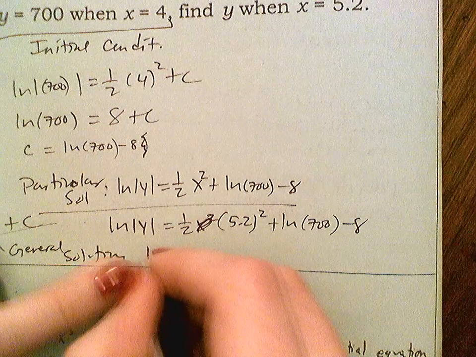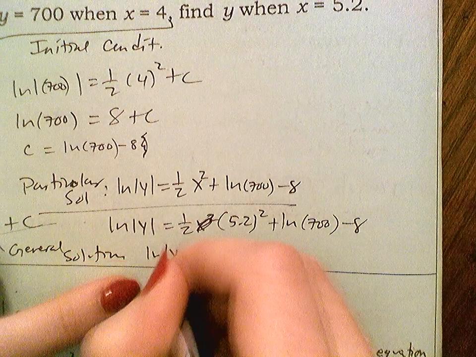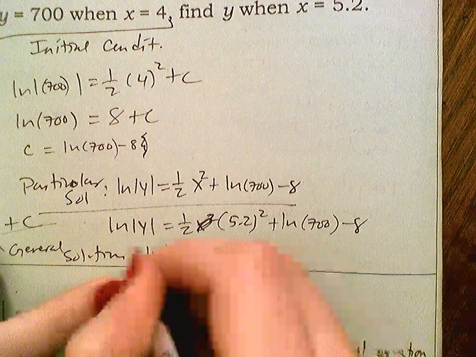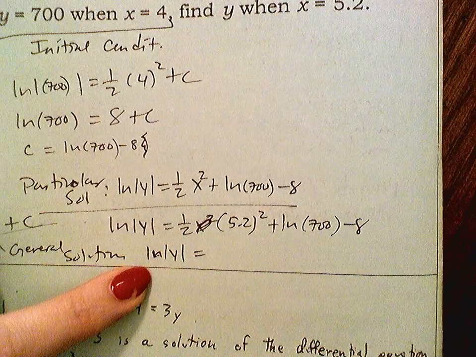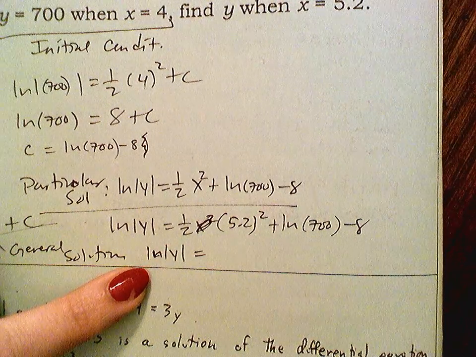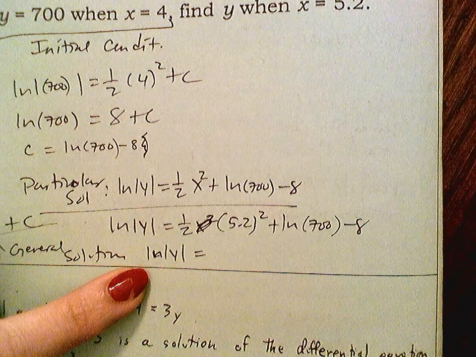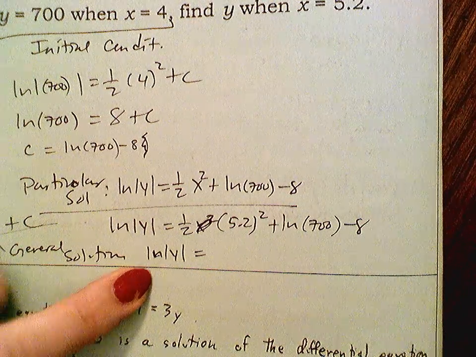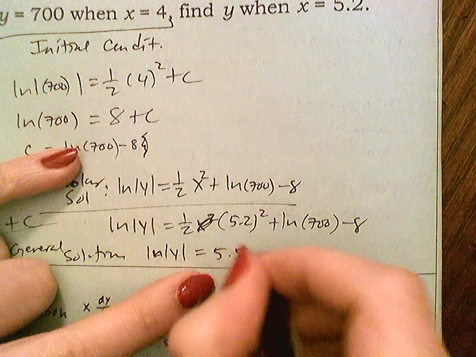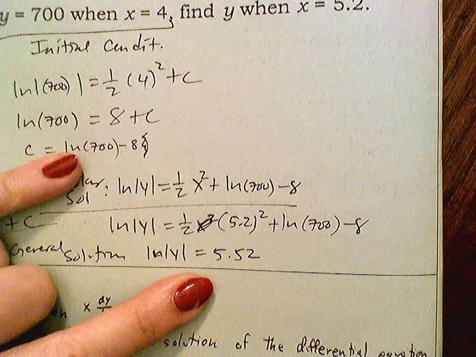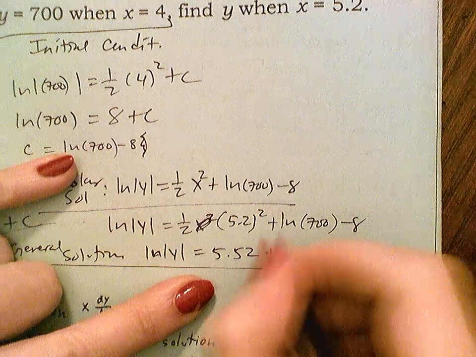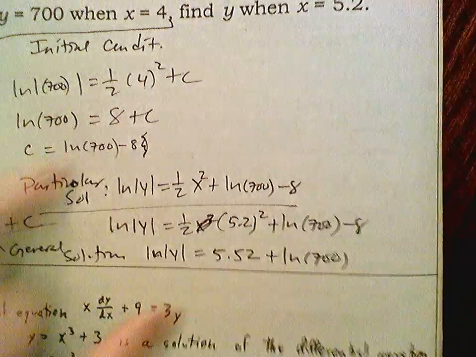So the natural log of the absolute value of y is equal to 5.52 plus the natural log of 700. This is what I got when I combined like terms.